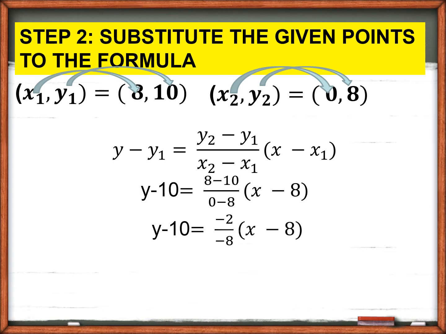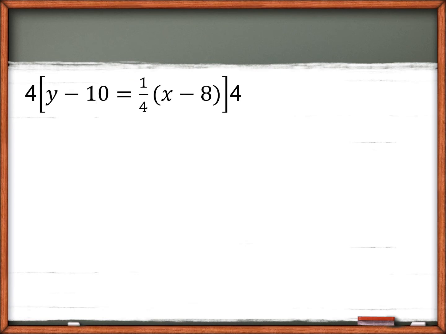Simplifying this equation, we have y minus 10 equals negative 2 over negative 8, quantity x minus 8. Simplifying further, we have y minus 10 equals 1 over 4, quantity x minus 8. Since there is a fraction in our equation, we will multiply both sides of the equation by 4.